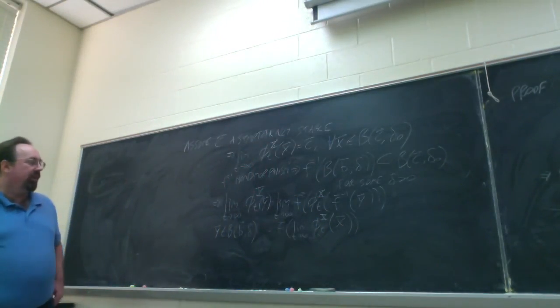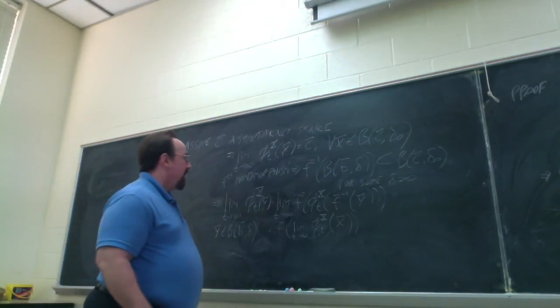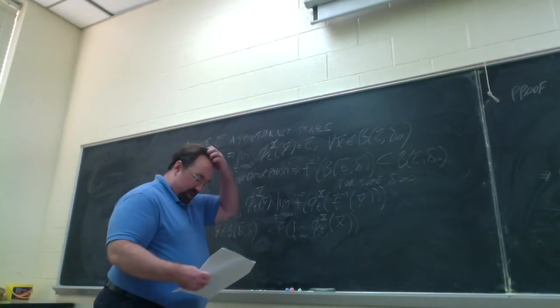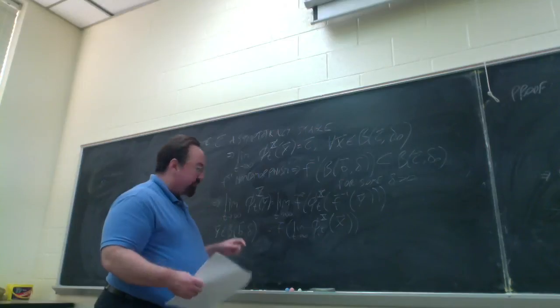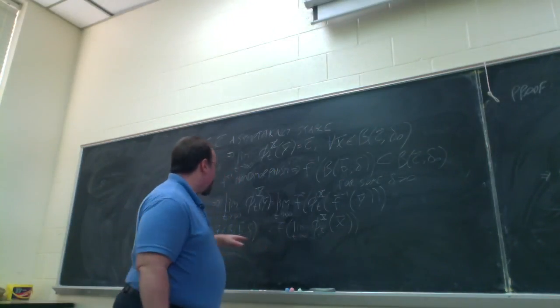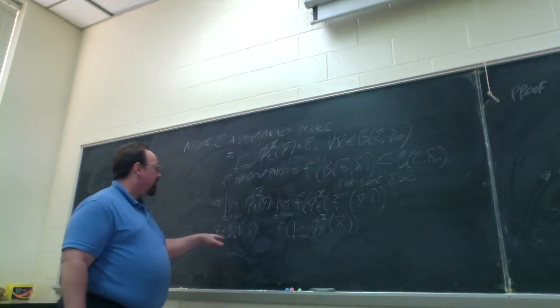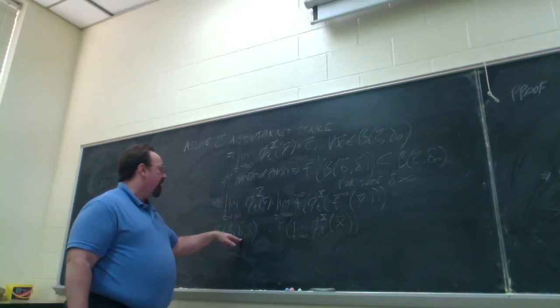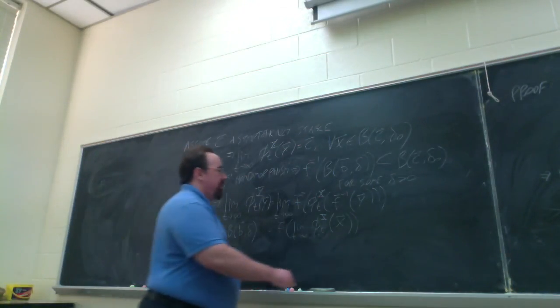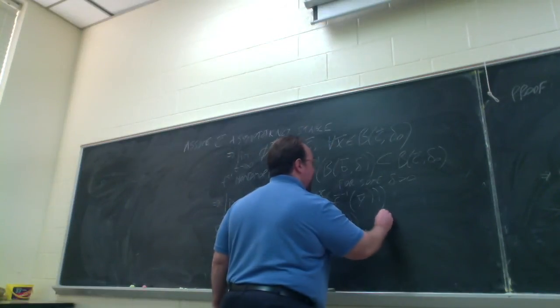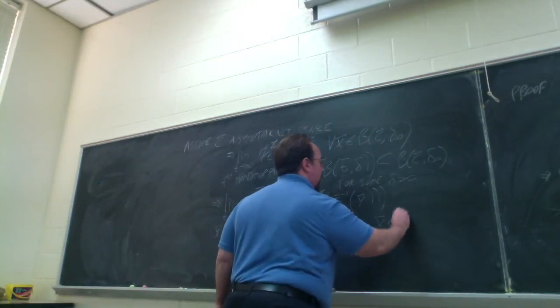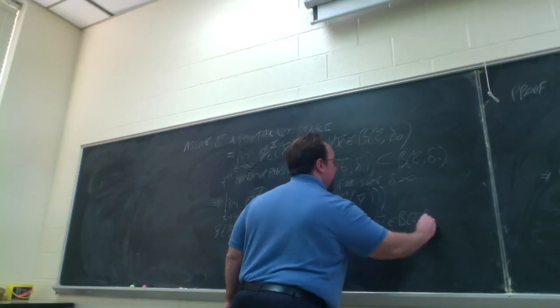Now the thing is, because y is contained in this ball, centered around B, radius delta, I can say that x belongs to this ball, centered at C of radius delta naught.